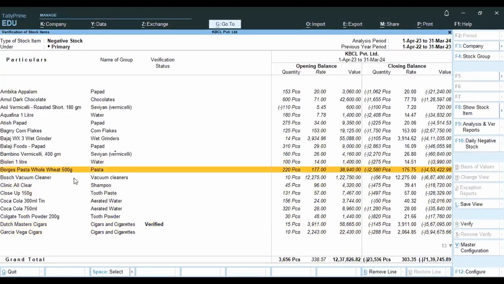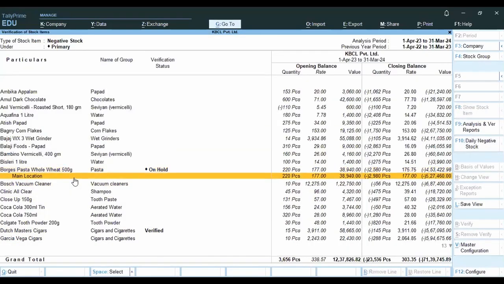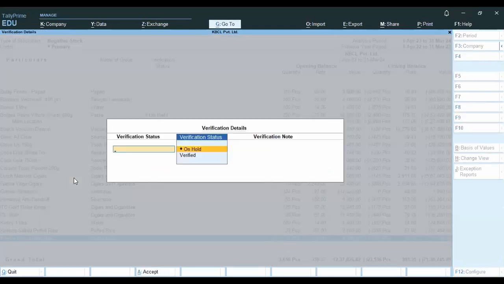Say for this, I have a query: why is the stock going negative? I can mention this query here itself. So this query is coming here. This way I can even validate the entire stock.